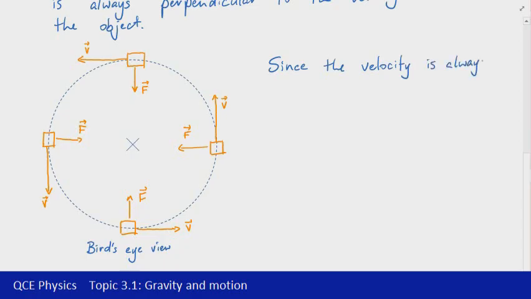While the speed is constant, the velocity is going to be varying because its direction is changing, and that also means that the force will change direction as well. But we always have that relationship that the force and the velocity are going to be perpendicular.